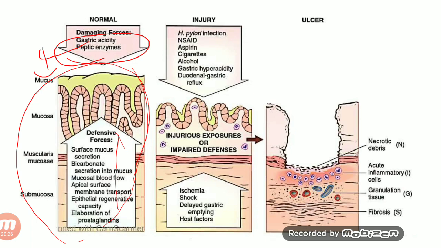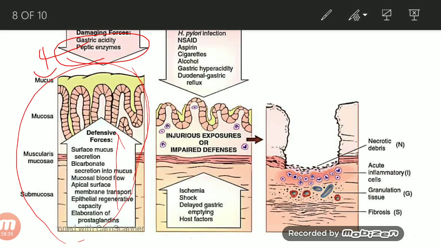you have different etiological factors: infection, NSAIDs, smoking, cigarettes, alcohol. In this case you have an increased amount of aggressive factors, whereas side by side you have decreased protective factors, by ischemic shock in your gastric tract, delayed gastric emptying, and other factors.